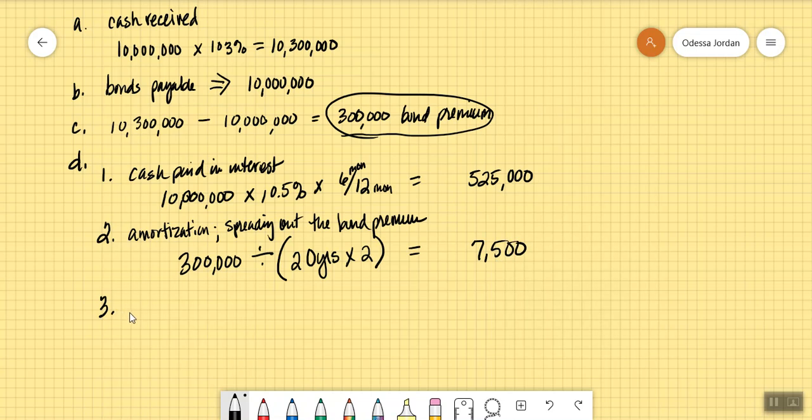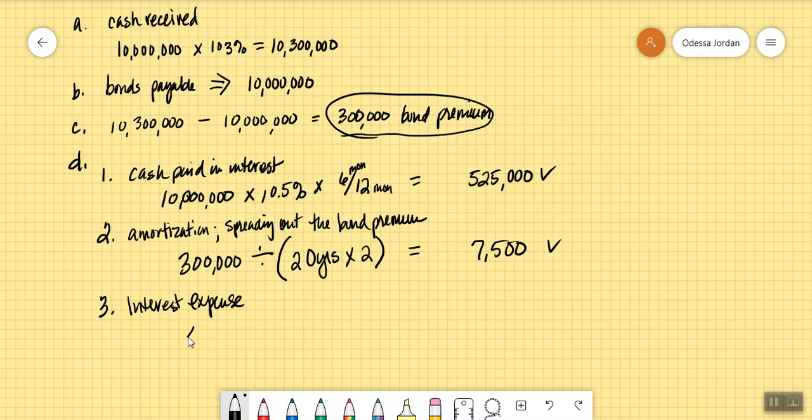So the next one here is when we want to talk about our interest expense based on all of this. So we go in to calculate our interest expense. We're going to take this and this.